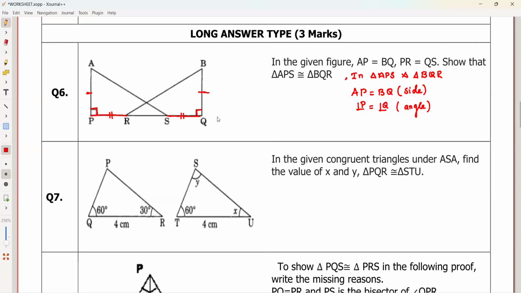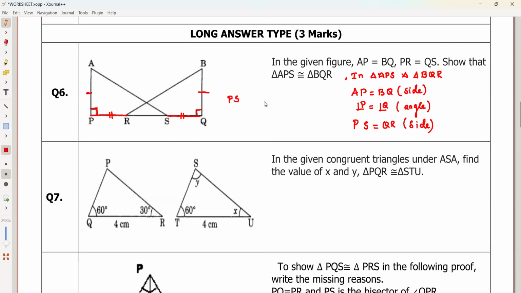How can you say PS is equal to QR? We have to show that PS is equal to QR. For this, on this side we have PS, and on this side we have QR.